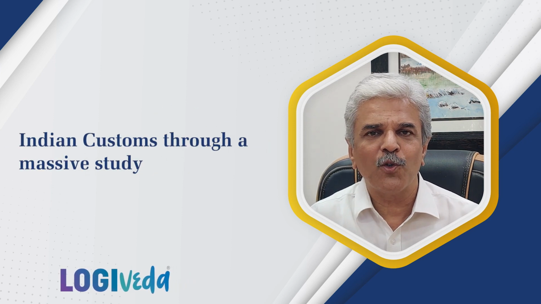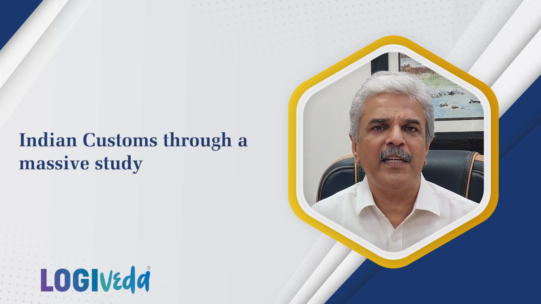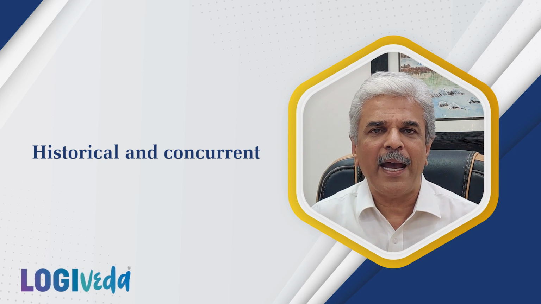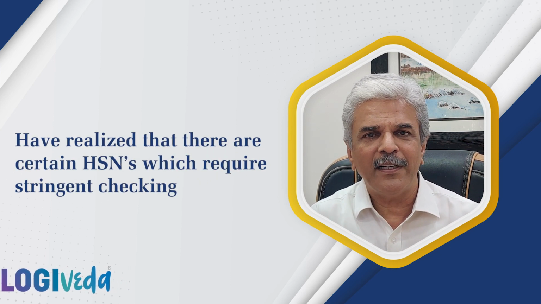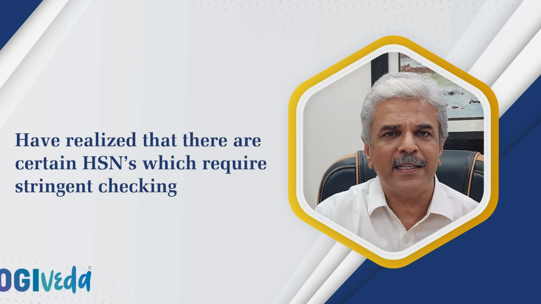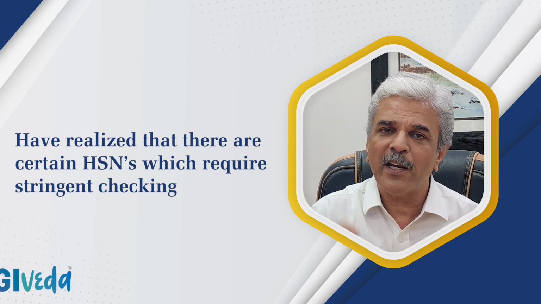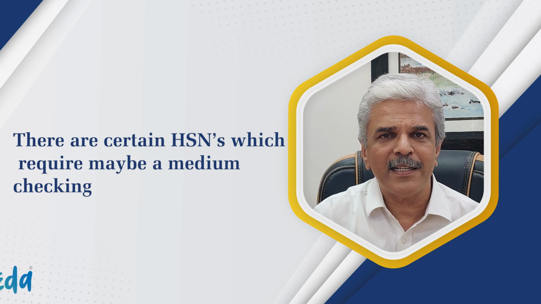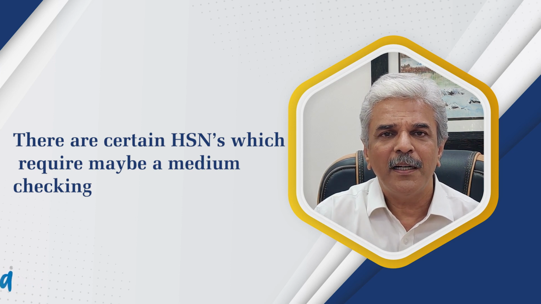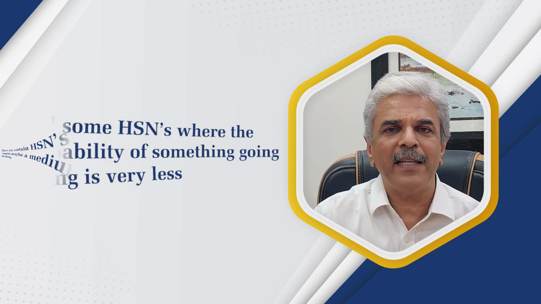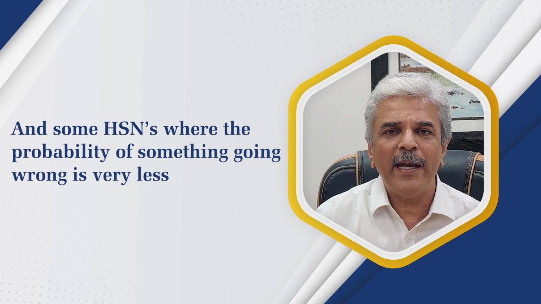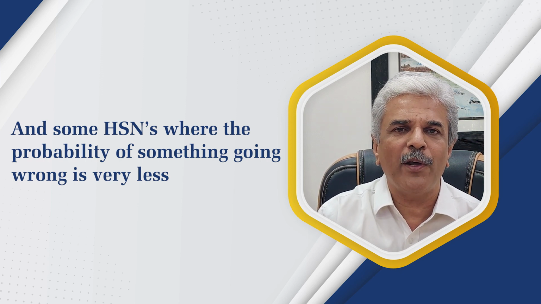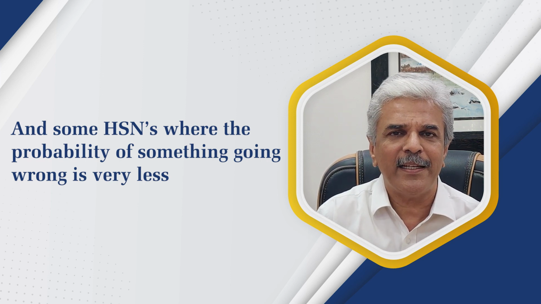Indian Customs, through a massive study, historical and concurrent, have realized that there are certain HSNs which require stringent checking. There are certain HSNs which require maybe a medium checking, and some HSNs where the probability of something going wrong is very less.